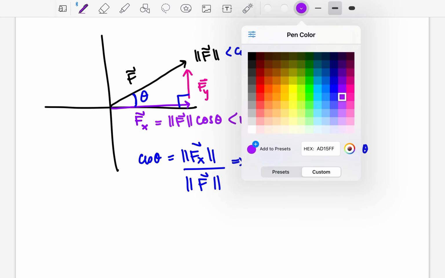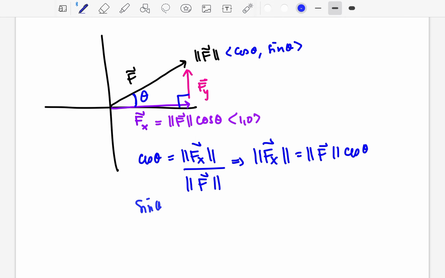And in the same way, we know that sine theta is equal to the length of the opposite side, which in this case is the length of the vertical component, divided by the magnitude of F.